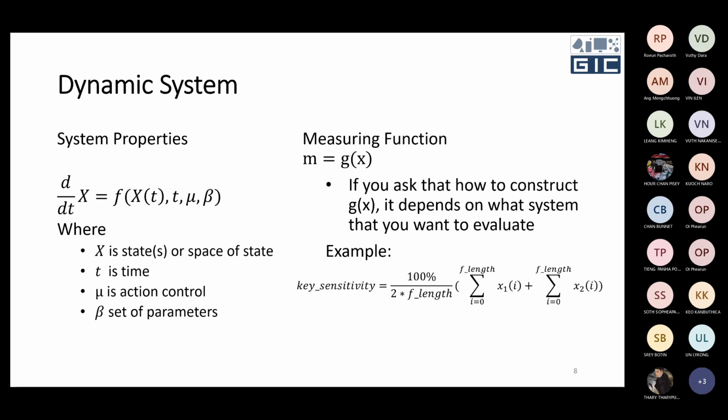So our system uses a key sensitivity evaluation function, or measuring function, to evaluate the key sensitivity of our cryptography system. This is just one example of a measuring function.